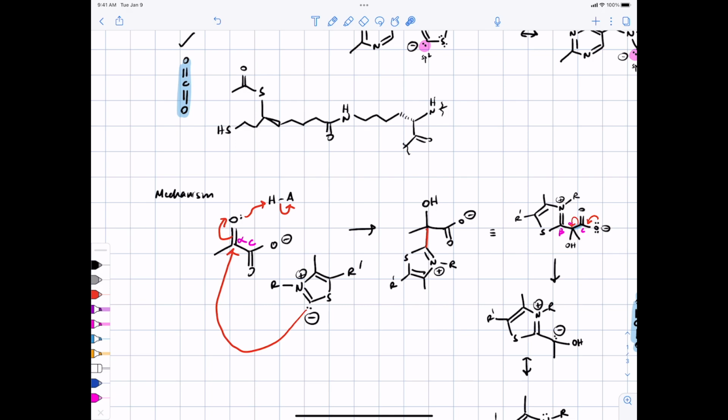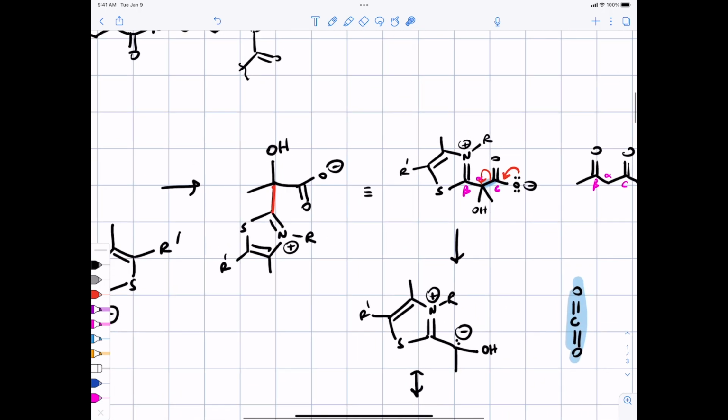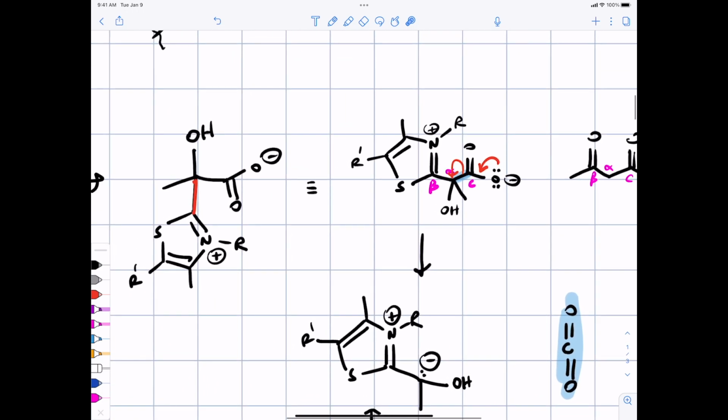At the same time, the ketone's picking up a proton from another source. And we get a tetrahedral intermediate. But I redrew that tetrahedral intermediate to try to make it clear that thiamine's attack puts this carbon-nitrogen pi bond at the beta position, where it can stabilize a negative charge by resonance.